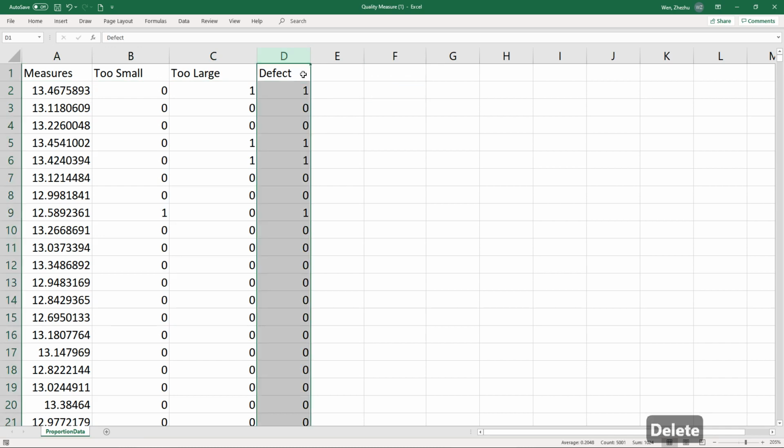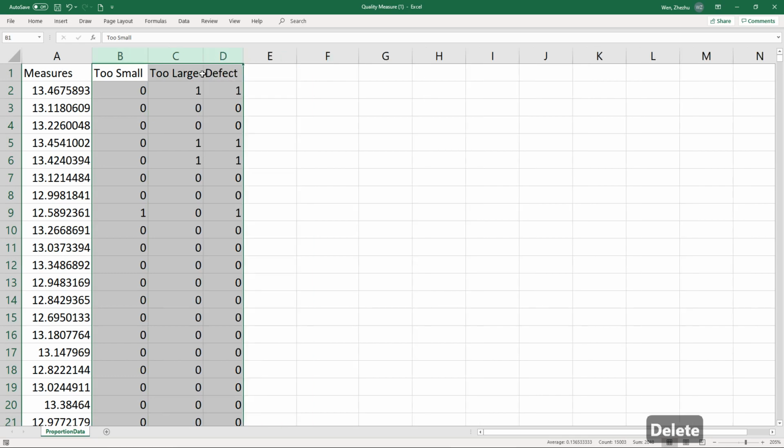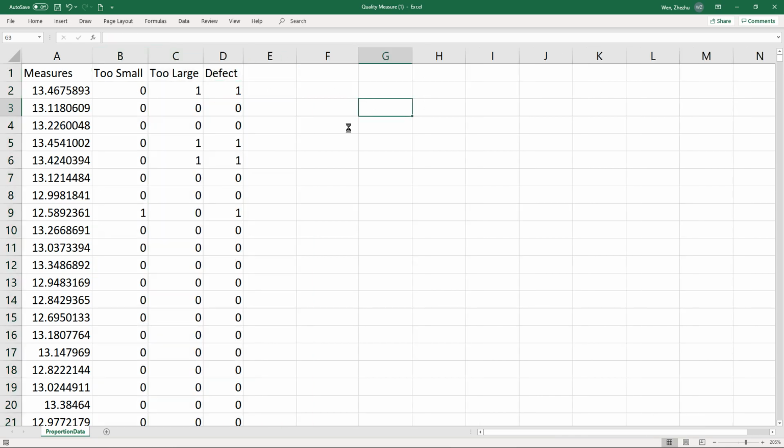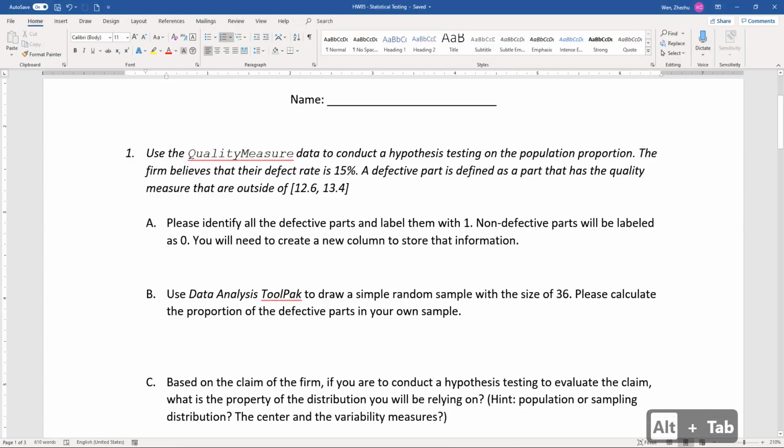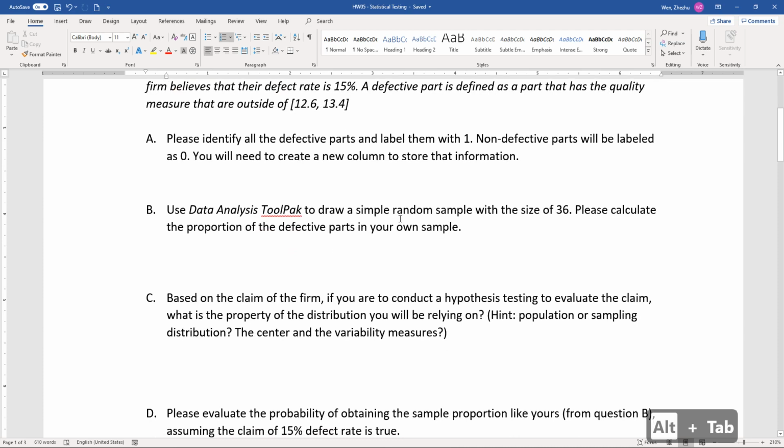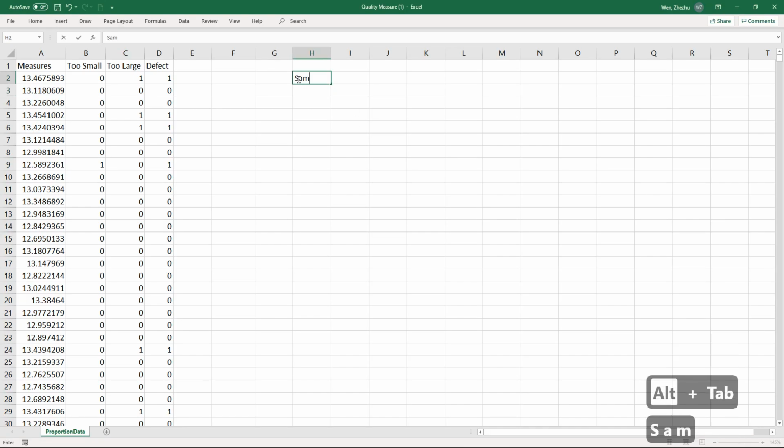So column D will contain information about whether all these individual items are defect or not, and with that we're going to draw samples using column D. Okay, so we do that. I think the second requirement here is a random sample of 36, right? So what I'm going to do here is sampling.